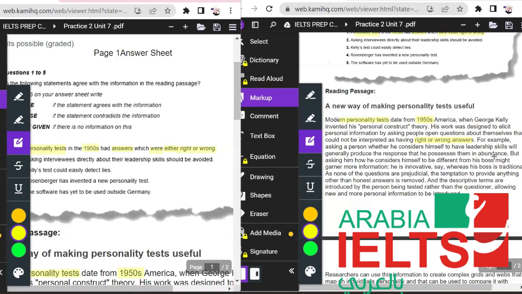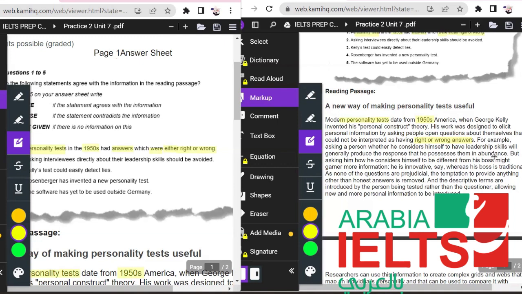If you ask, do you have leadership? Yeah, of course I have. But if you ask, what's the difference between you and your boss, you can understand literally what kind of leader he is, what type of boss he had, what his perspective of leadership is, and other things as well.